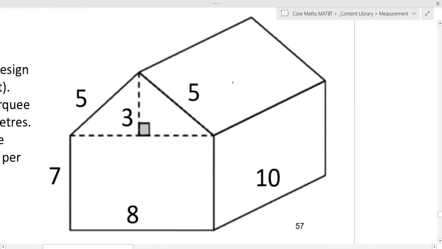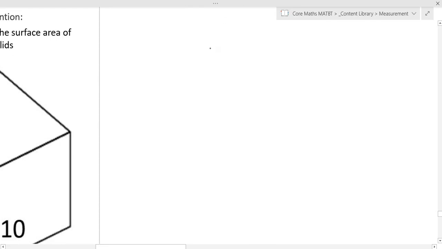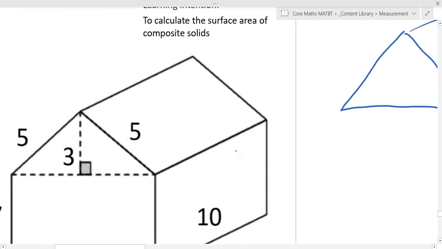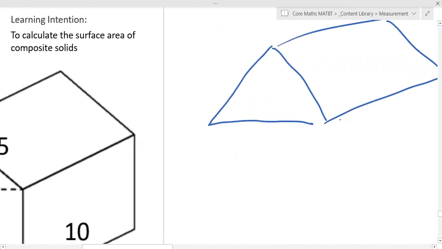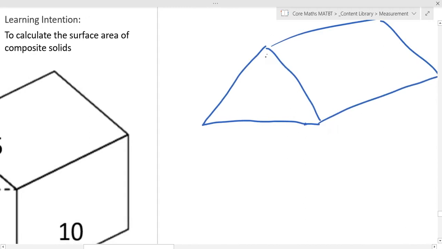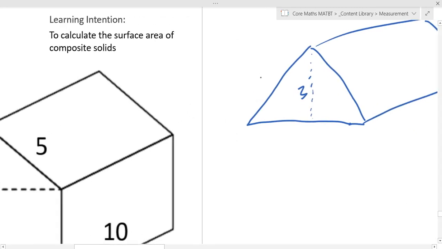So let's find a surface area for this. I can see that this shape can be broken up into two parts. You've got your triangular prism at the top, which is the roof, and then you've obviously got the rectangular prism on the bottom. But let's just work with the triangular prism at the top and find the surface area for it. According to this, the height of my triangle is 3, and this is an isosceles triangle because two sides are equal.